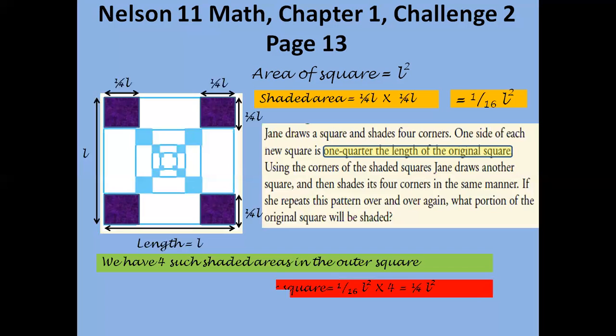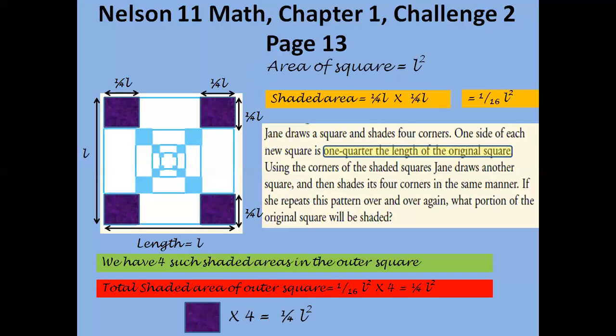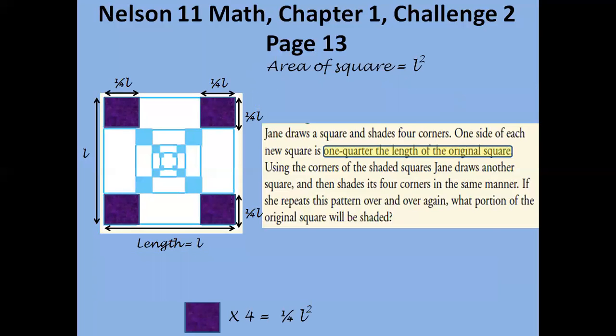So the total shaded area of outer squares will be 1/16 L square times 4, which comes out to be 1/4 of L square. All right. So let's keep this here as well for our memory. Let's go forward.